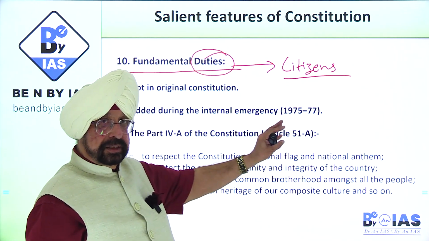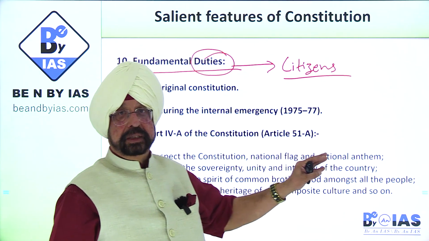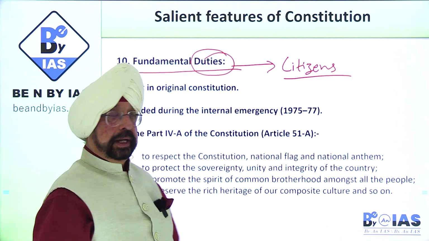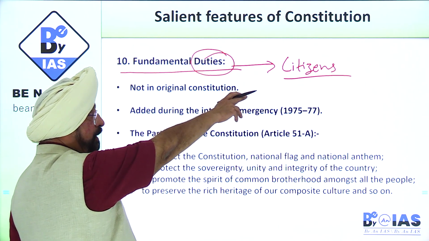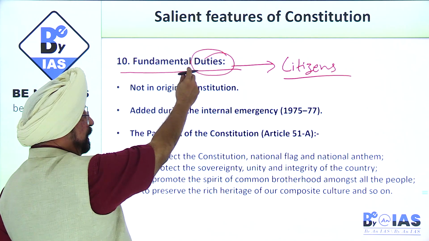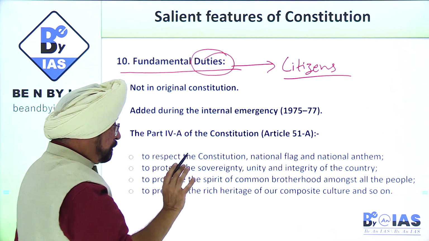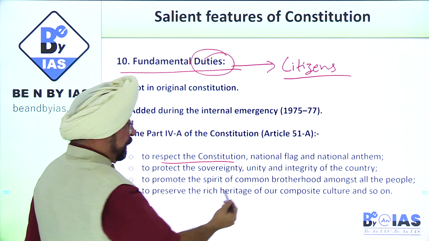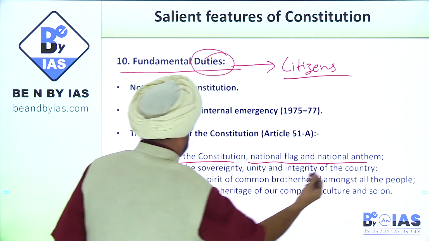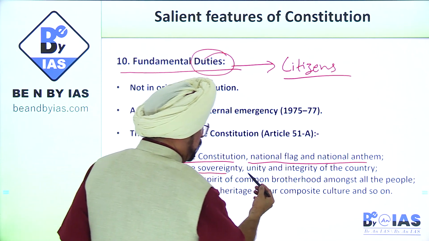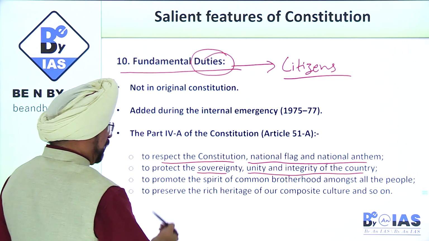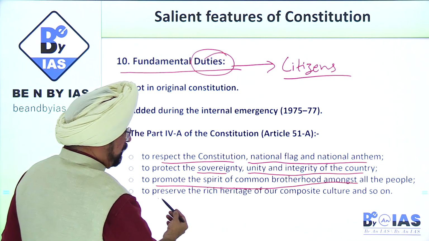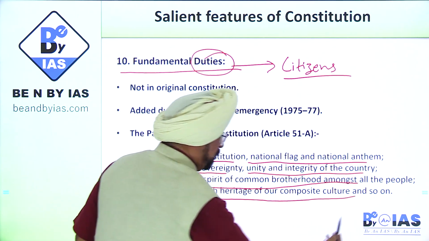One is the duties cast upon the state. The state should do this to have a welfare state. And in the case of the citizens, the duties are basically to respect the Constitution, respect the national flag and national anthem, protect the sovereignty, unity and integrity of the country, promote the spirit of common brotherhood, and preserve the rich heritage of our composite culture, and so on.